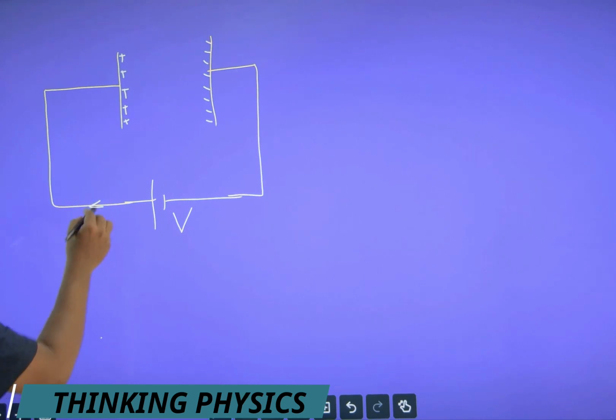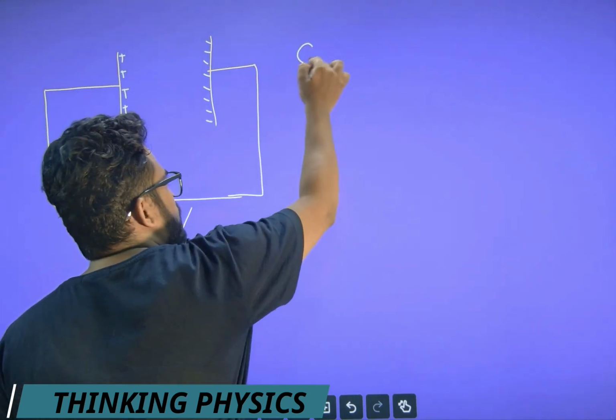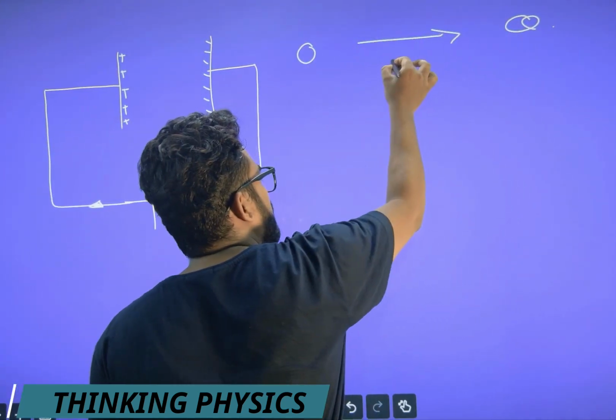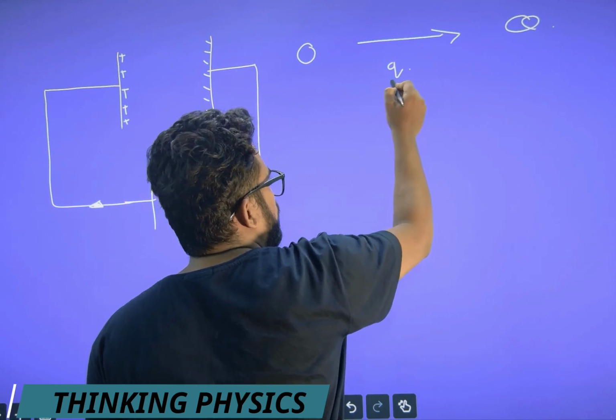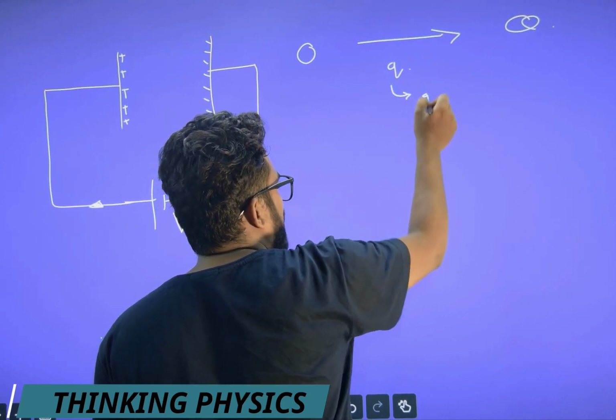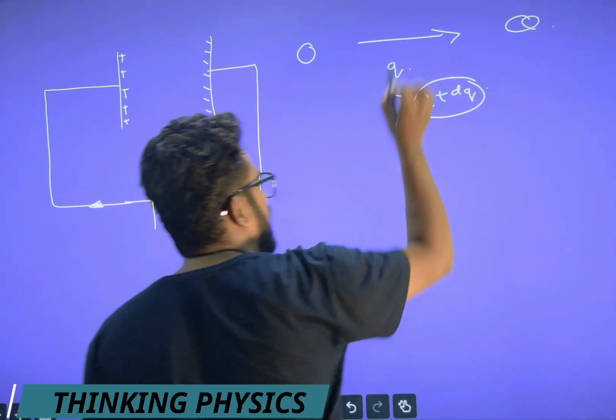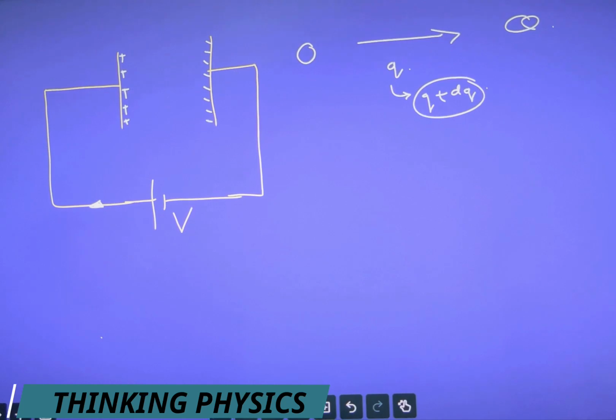Let's say at any point of time, initial charge would be 0. Final charge would be Q. So in between somewhere it would be q. So from q, the extra charge that the battery is supplying is dq, elemental charge. This is the transition state. So in a little amount of time, a small amount of charge dq is being supplied by the battery.